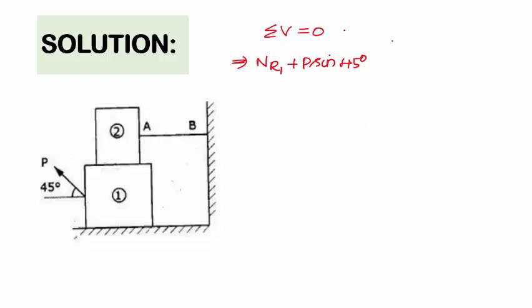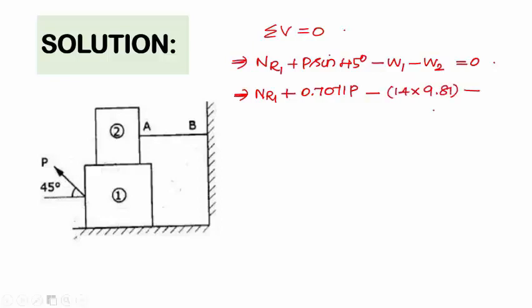So minus W1 minus W2 is equal to 0. This becomes NR1 plus sin 45 degree is 0.7071 P minus W1 as M1 into 9.81. Mass of block 1 is given as 14 kilogram. So 14 into 9.81 minus W2 is M2 into 9.81. M2 is 9 kg. So 9 into 9.81 is equal to 0.